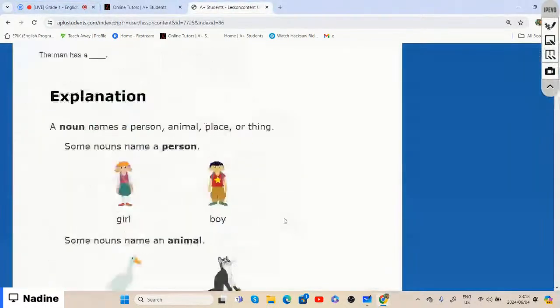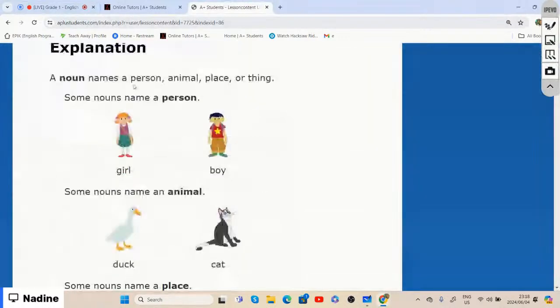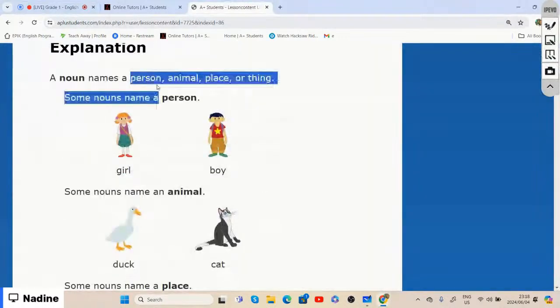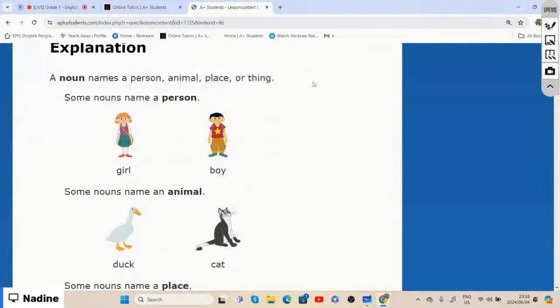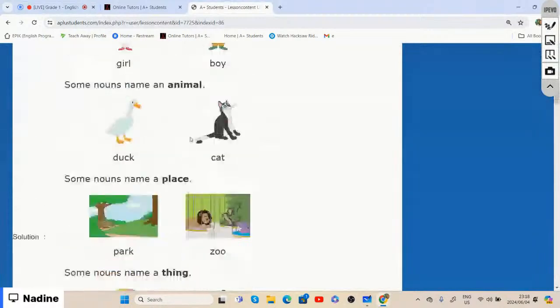And just before we continue, right? Once again, we said a noun names a person, an animal, a place, or a thing. And we said some nouns name a person, for example, a girl or boy. Some nouns can be animals, for example, a duck or a cat.